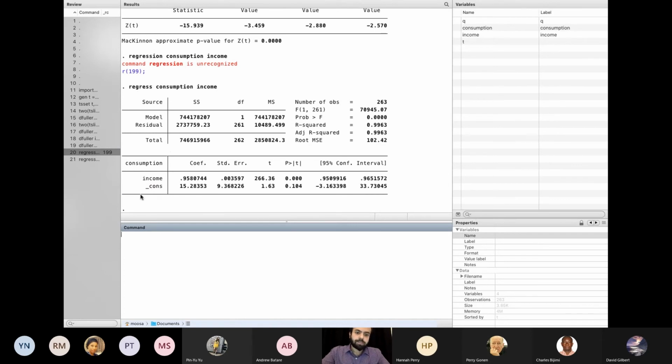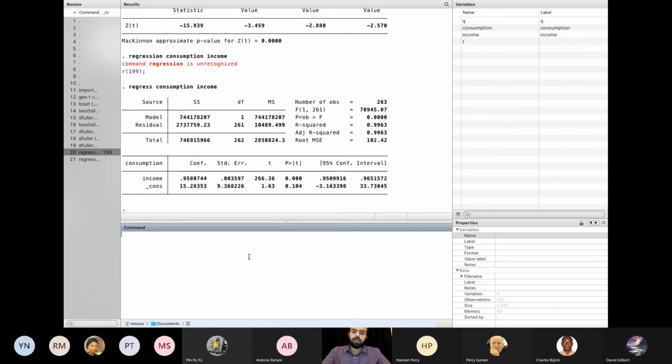Then we get this, where consumption can be predicted by changes in income, and the p-value is pretty strong, which says that we have a very strong statistically significant correlation. But is there an actual association between these variables? In order to examine that, we have to conduct a co-integration test.